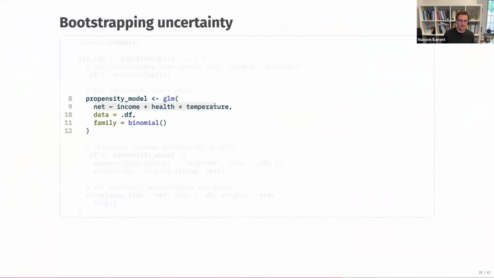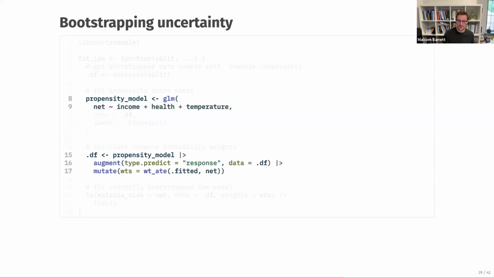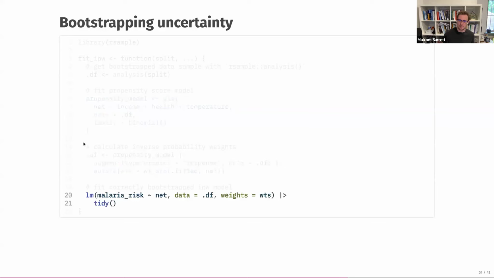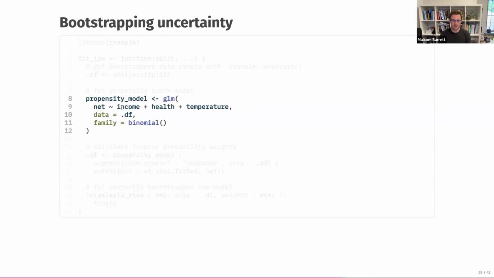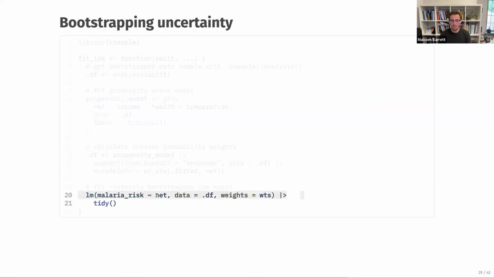The question is about this two-phase modeling process: first we fit the propensity score and then calculate the weights, and then we apply the weights to the LM model. But couldn't we have just put these three variables into this model? And the answer is sometimes.